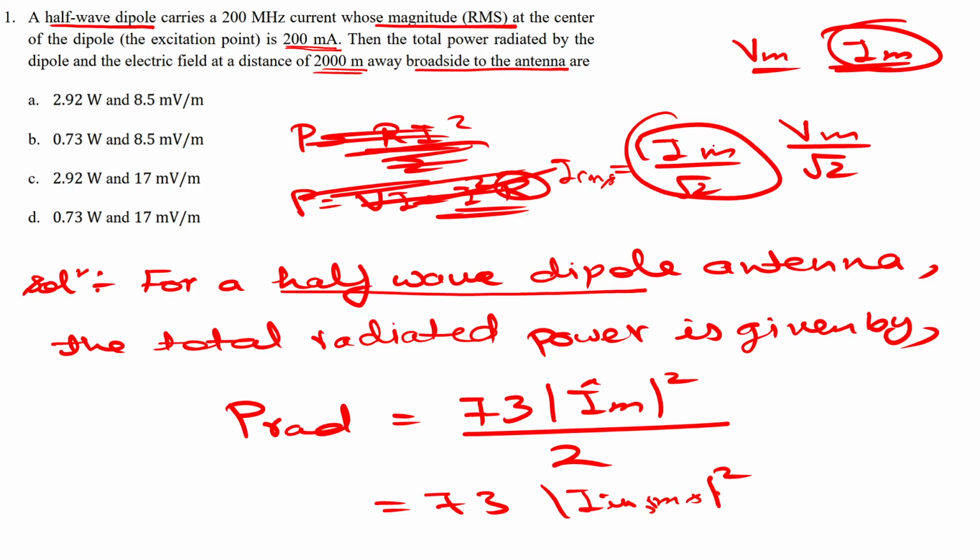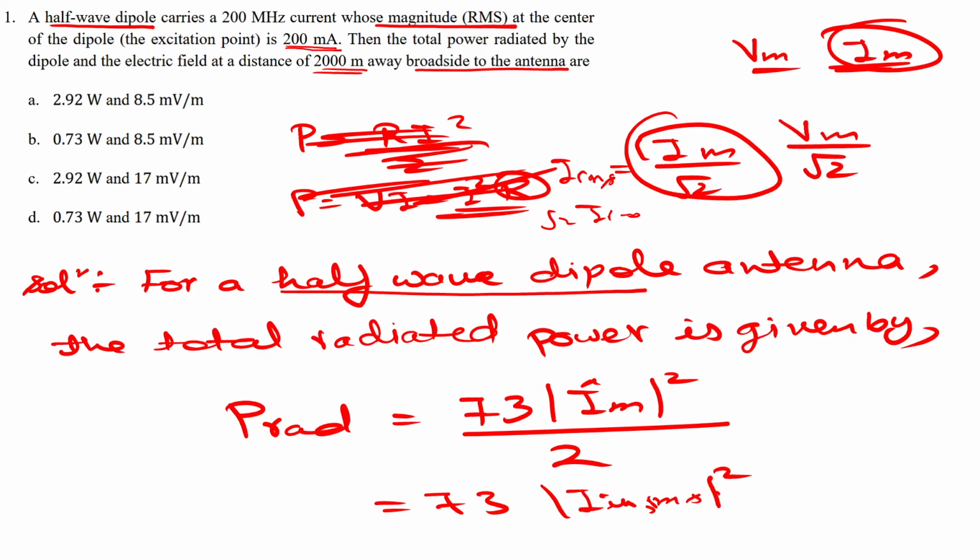In terms of Im, it is root 2 times IRMS, and when I take the square of root 2, it is 2, so that 2 is gone. So the final formula in terms of IRMS is 73 times I in RMS whole square.